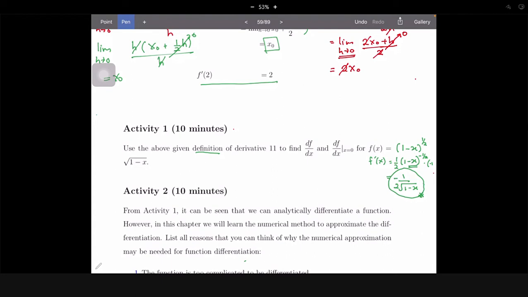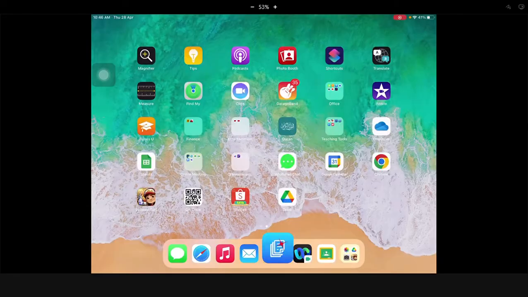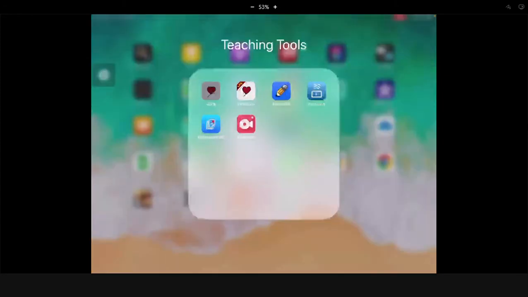Okay. Dia ada kat situ, dia kena guna rational multiply by the conjugate set. Okay, let's say given f(x) adalah square root 1 minus x. Okay, so the derivative from the first principle adalah limit h approach to 0 f(x plus h). Saya guna x saja sebab nak memudahkan penulisan.